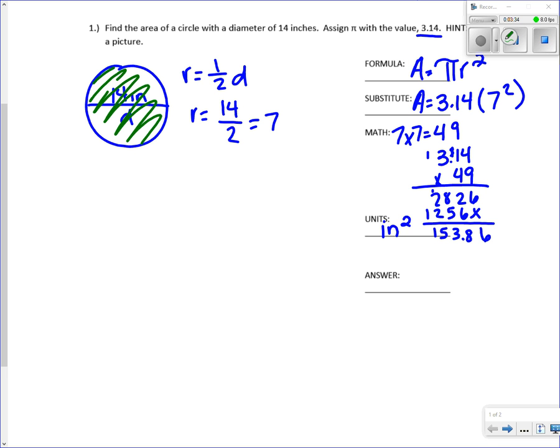Because you are multiplying something by something else, your units are squared. So for my answer, I have 153 and 86 hundredths inches squared. If you had just put inches, this would be wrong because there is a vast difference between inches and inches squared.